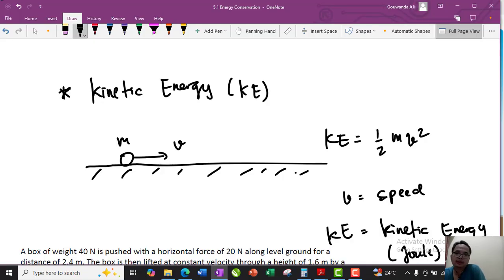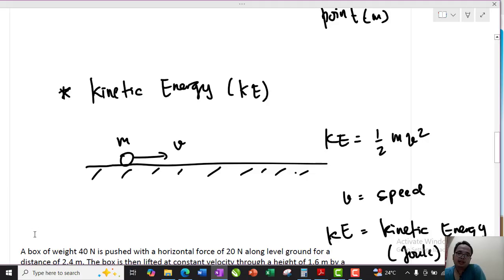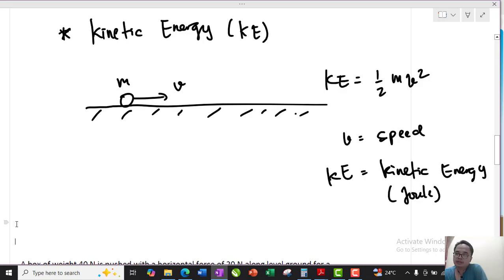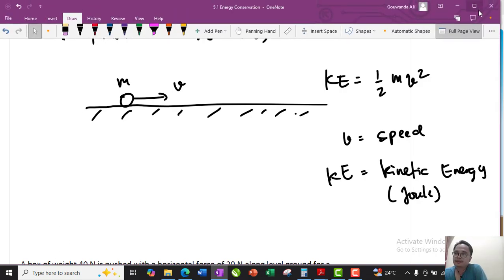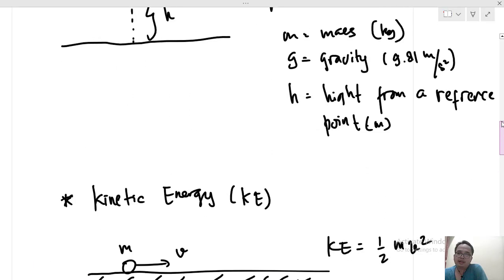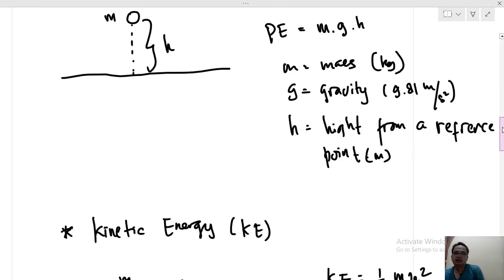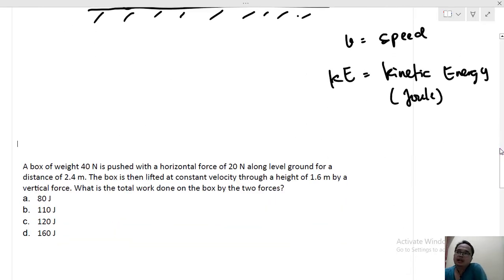There are so many units of energy, but in this basic topic we will use joule as the unit of energy. We need to know the basics of gravitational potential energy and kinetic energy. And later on, when we have studied springs, we will know that there is also spring potential energy.